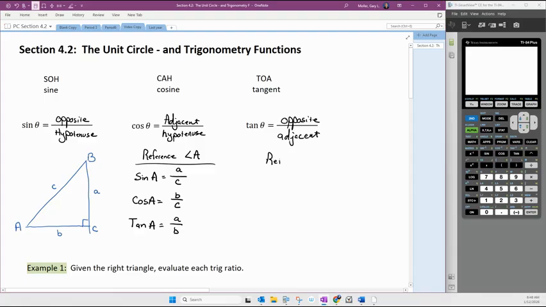There are two non-right angles in a right triangle, so we could also look at it from the perspective of the other angle.